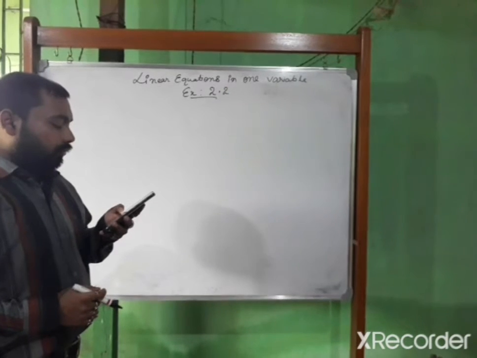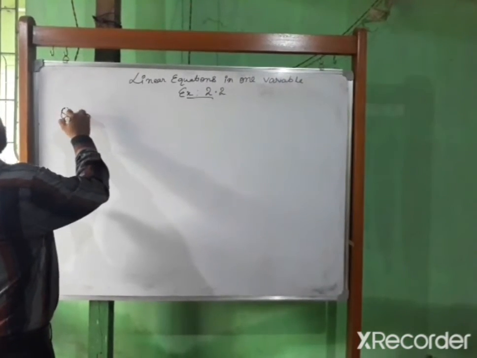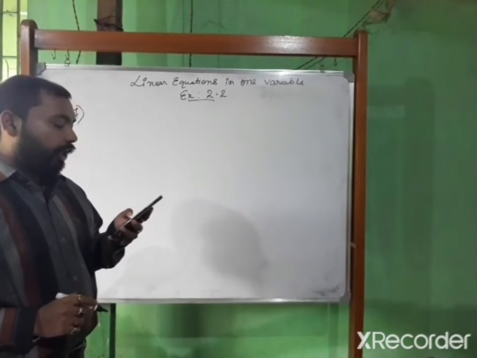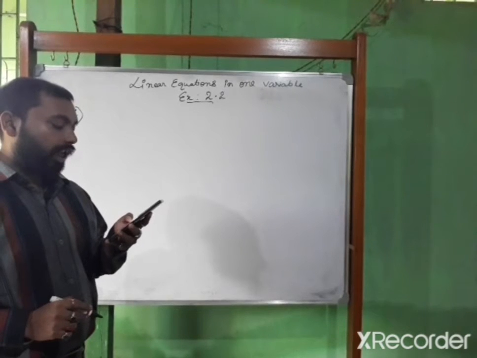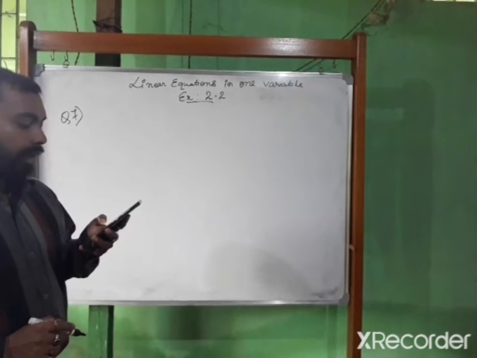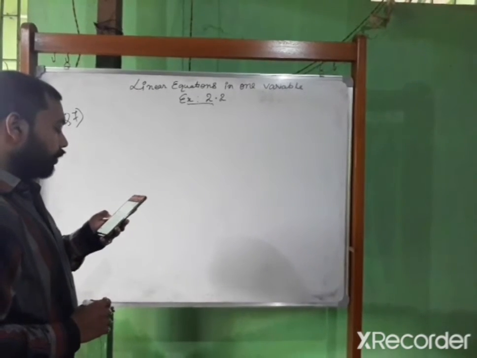Okay, now let me solve question number 7. The sum of three consecutive multiples of 8 is 888. Find the multiples. So it is given the sum of three consecutive multiples.